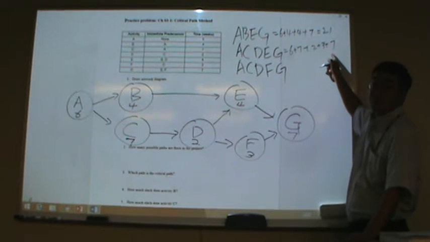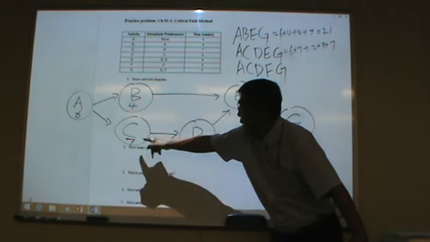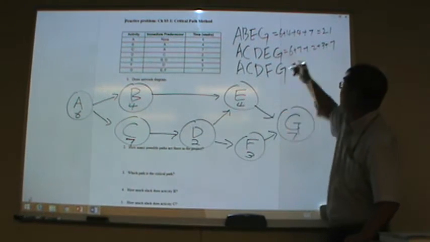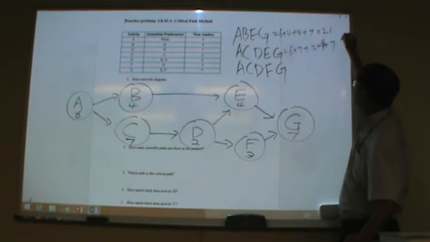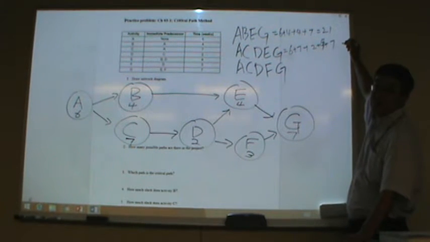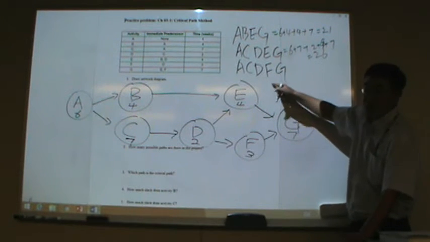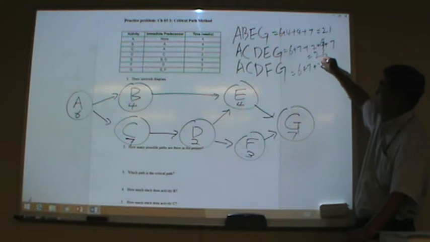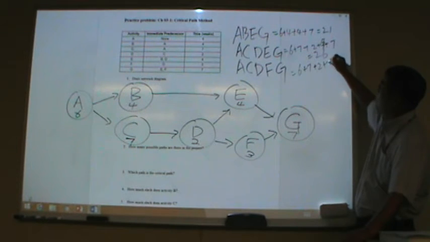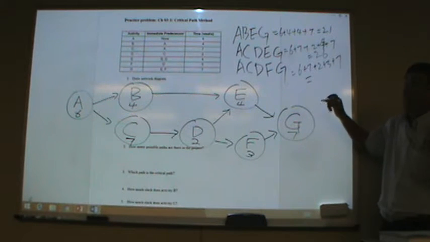Wait. 6 plus 7 plus 2 plus 4, right? For that one, 6, 13, 15, 19? Let me redo it. 6 plus 7 plus 2 plus 4 equals 19, and the last one, 6 plus 7 plus 2 plus 3 plus 7, equals 25.